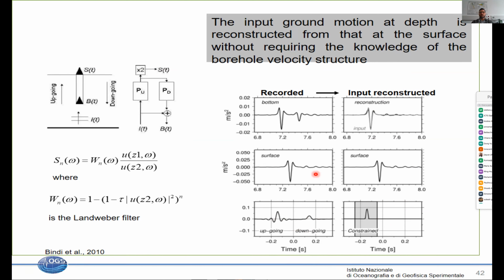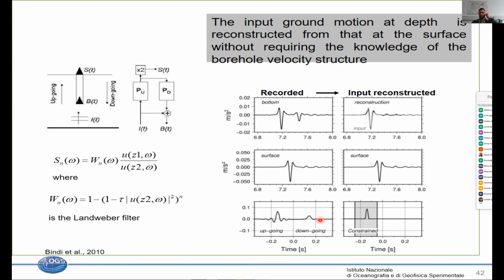In general, what we can do, this is the recorded bottom seismogram where we can see the effect of the upgoing and of the downgoing wave. At the surface, we generally retrieve something like this. If we make the deconvolution, we will identify the upgoing and downgoing wave in the spectral ratio.